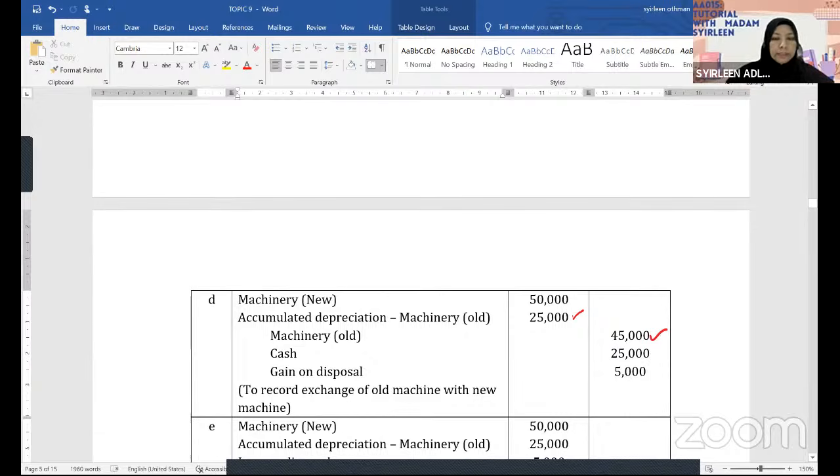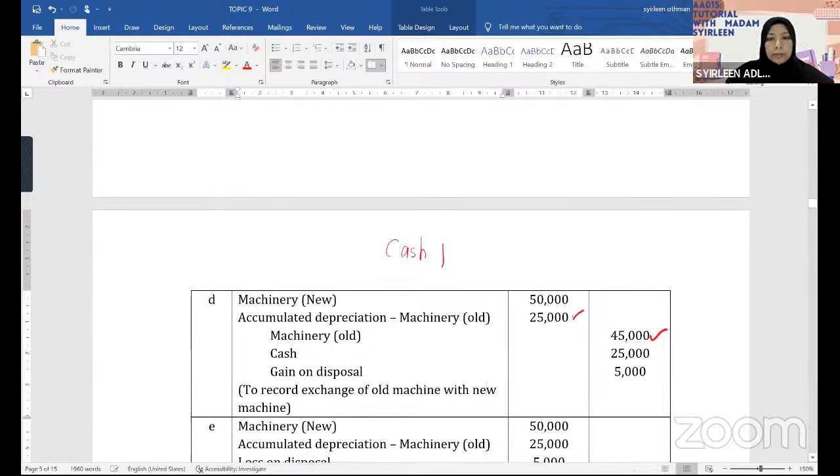Okay. So, macam mana nak cari cash paid? Okay. So, cash paid ni ialah new asset, minus trade-in value. Alright. So, your new asset, nilai dia dalam soalan ialah 50,000. Okay. So, your trade-in value given in the question is 25,000 ringgit.